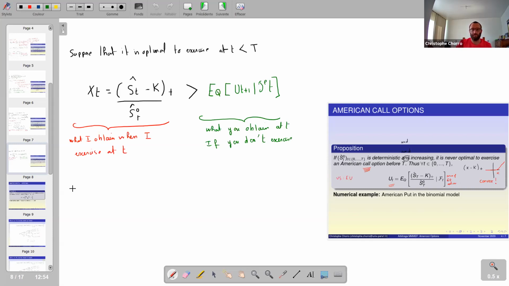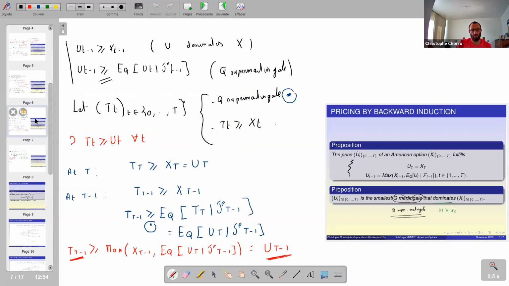So what I know is that u t plus 1 is greater than x t plus 1, excuse me. By definition of u, what I have proved, u t minus 1 is equal to the maximum between x t minus 1 and something. So u t minus 1 is greater than x t minus 1, of course.